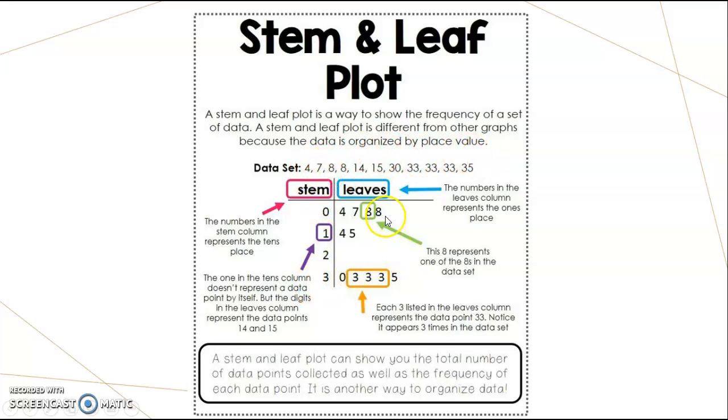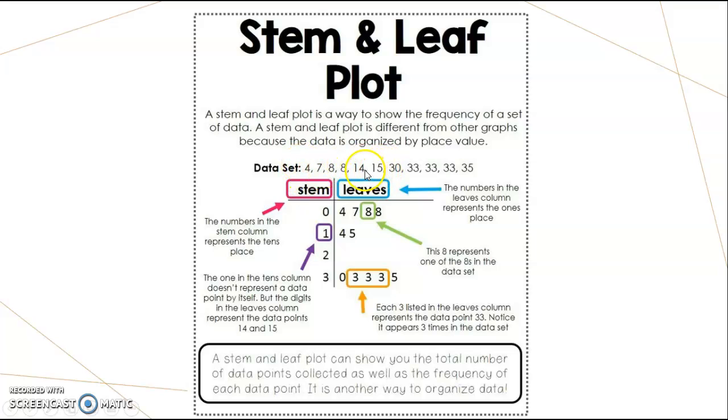And then here in this T chart, you have your stem on this side and your leaves on the other side. The numbers in the stem column represent the tens place, so your tens, your second number to the left.